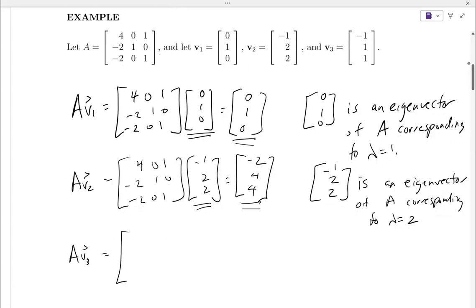And just to finish it off, since I did give you 3 vectors, when we multiply this one, what do we get? -4 times -1 gives us 4, and then +1 gives us 5.